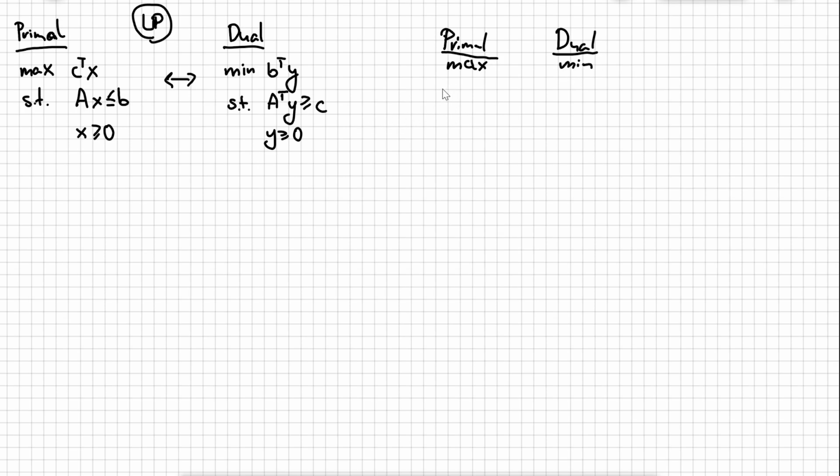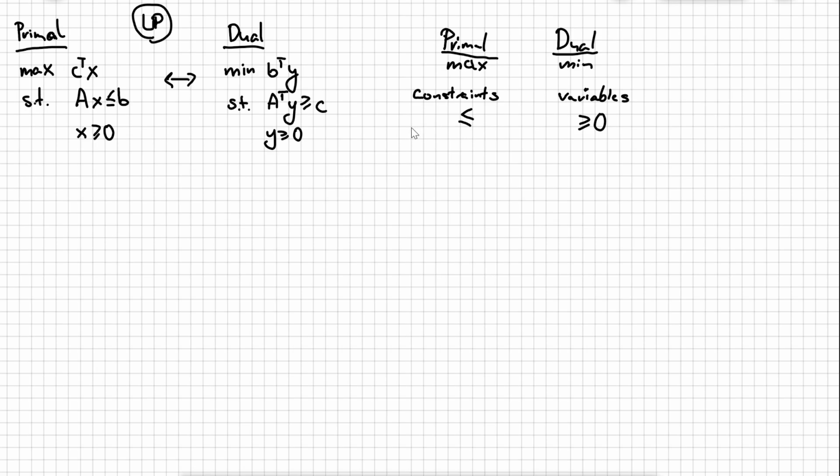Now, if the constraints are less than or equal constraints, then the corresponding variables will be greater than or equal to 0.